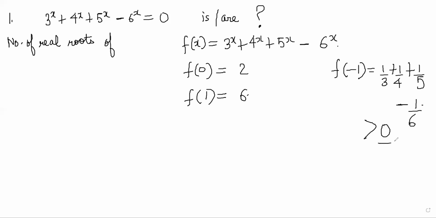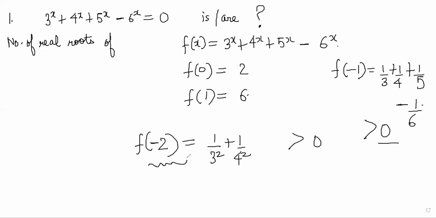And f of minus 2 will become 1 by 3 square plus 1 by 4 square and so on, again positive. So basically, when you get close to minus infinity, you get 0.